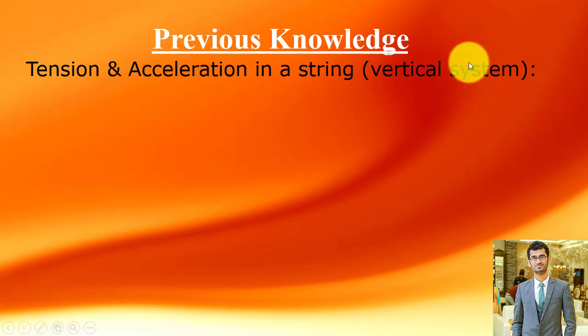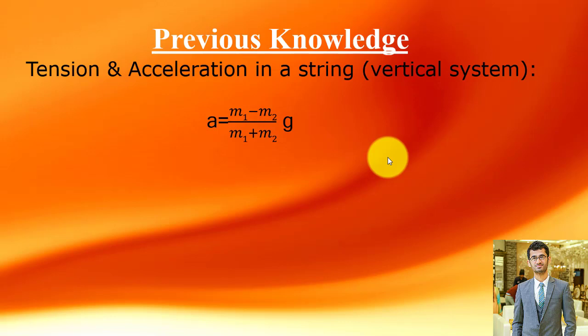the formula for tension and acceleration in a string for a vertical system. Students, we have read in the chapter that when two masses, that is M1 and M2, are hanging over a frictionless pulley in a vertical system, their acceleration can be found using the formula a = (M1 - M2) / (M1 + M2) × g.